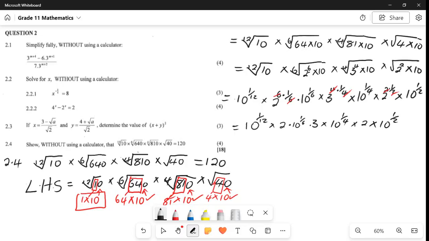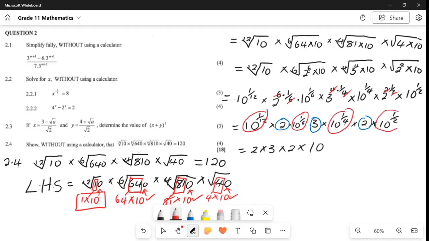So if it's like this, let us group them. Let us first write these ones that haven't got the exponents. Then that will be 2 times 3 times 2 times these other ones, because we've got the same base multiplied by the same base multiplied by the same base multiplied by the same base.